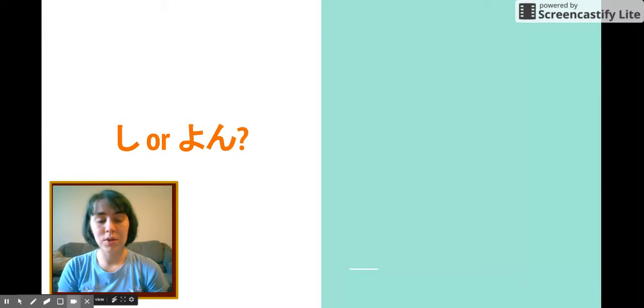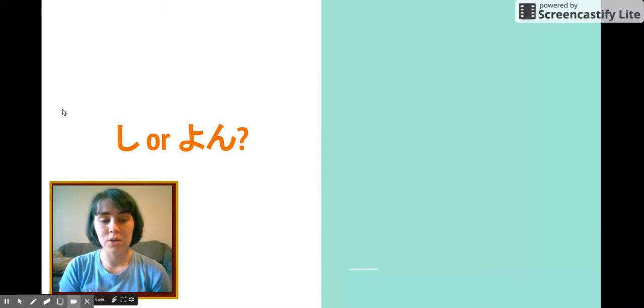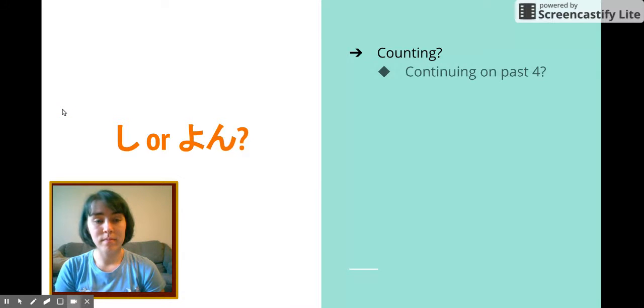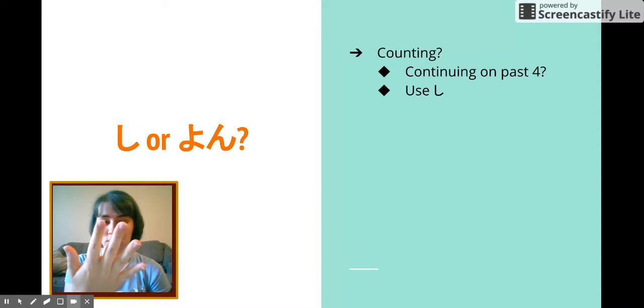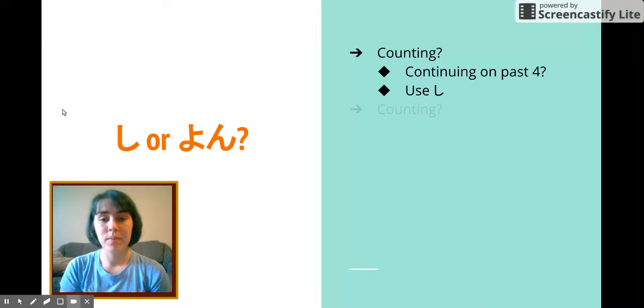So shi or yon, which one do you use? Are you counting? Are you going to continue going past 4? You'll use shi. So ichi, ni, san, shi, go. You use shi because you didn't stop there.